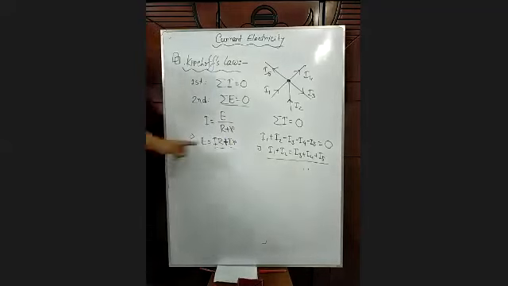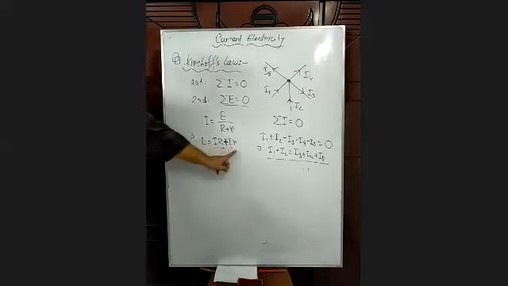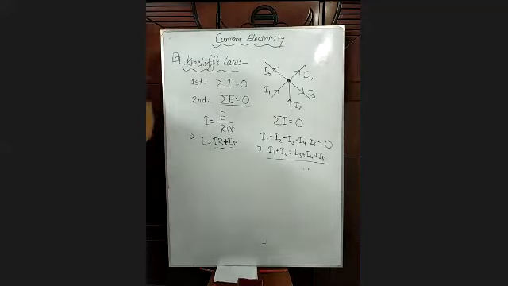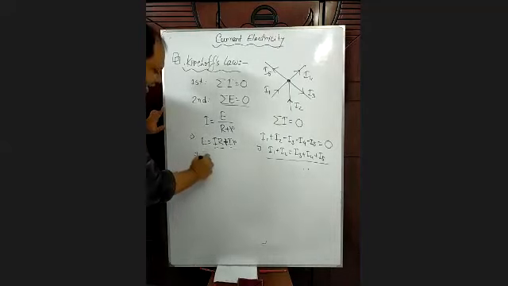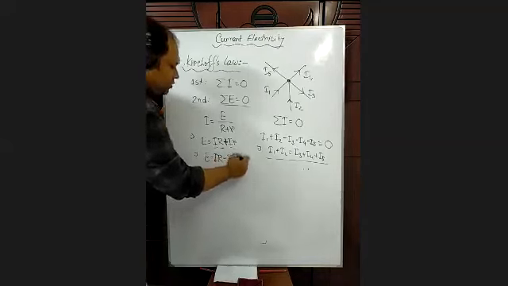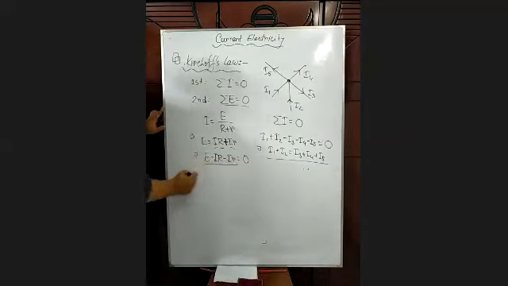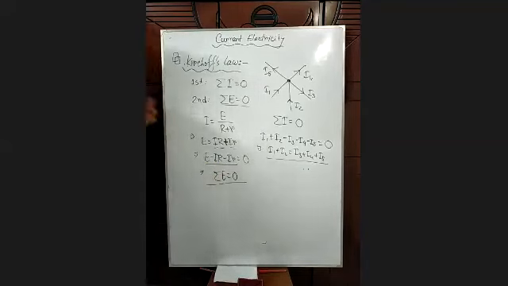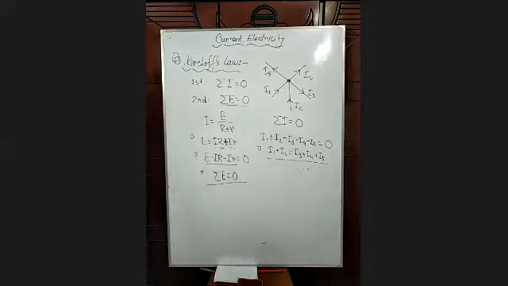So the summation of the product of current and individual resistance is equal to the electromotive force of the circuit. Now if I say E minus IR equal to 0, then this E minus IR can be considered as summation of E. So this is the explanation.